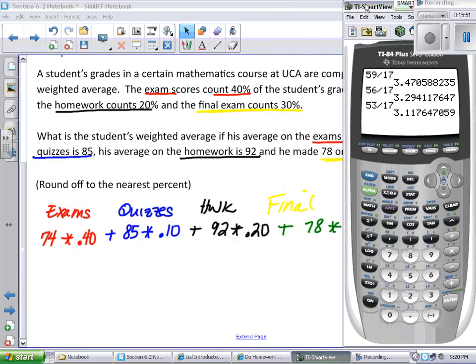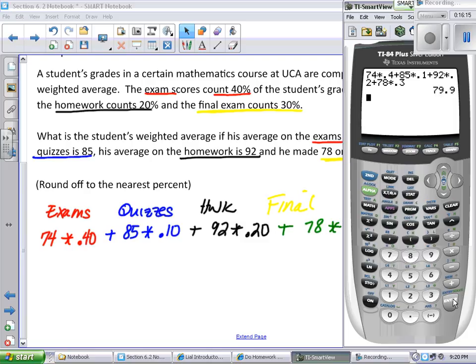So what we have here, 74 times 0.4 plus 85 times 0.1 plus 92 times 0.2 plus 78 times 0.3.